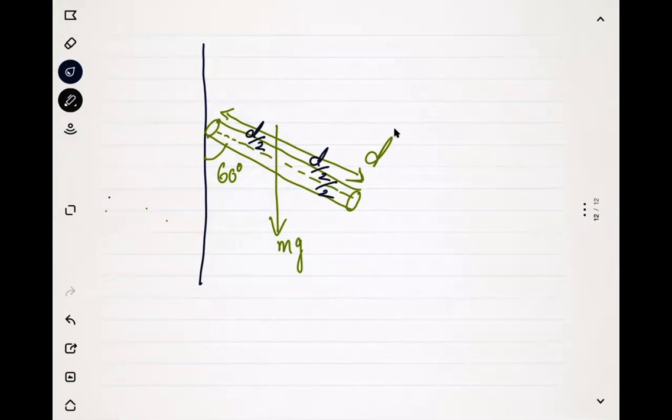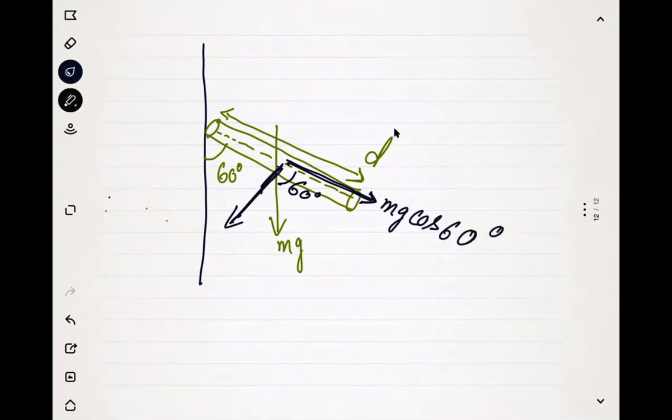If we resolve weight into two components, this angle is 60, so this angle will also become 60. One component of weight is here and the other component of the weight is perpendicular to this distance. So the component which is along the distance would be mg cos 60.